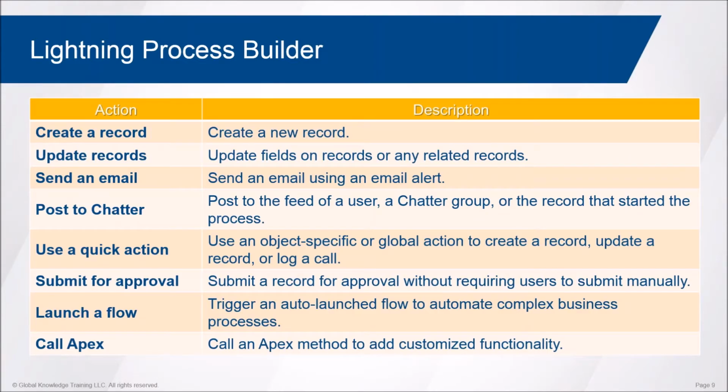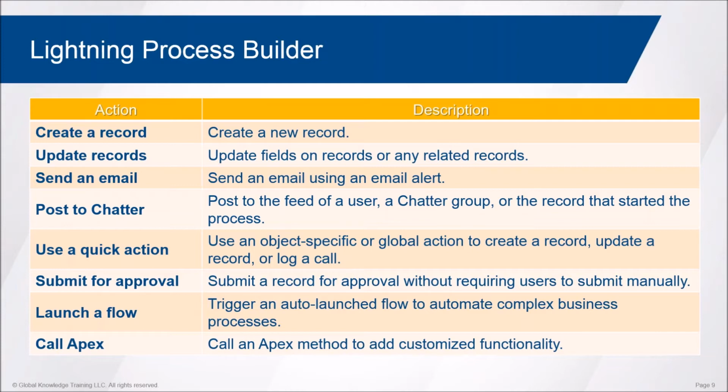So some of what a Lightning Process Builder can do, actually all of what a Lightning Process Builder can do, is here. We have our actions on the left-hand side, and then we have the description of those actions on the right. First, the Lightning Process Builder can create record information. Previous to Lightning Process Builder's existence, we had to use Apex, we had to use some programmatic channels to create record information in Salesforce.